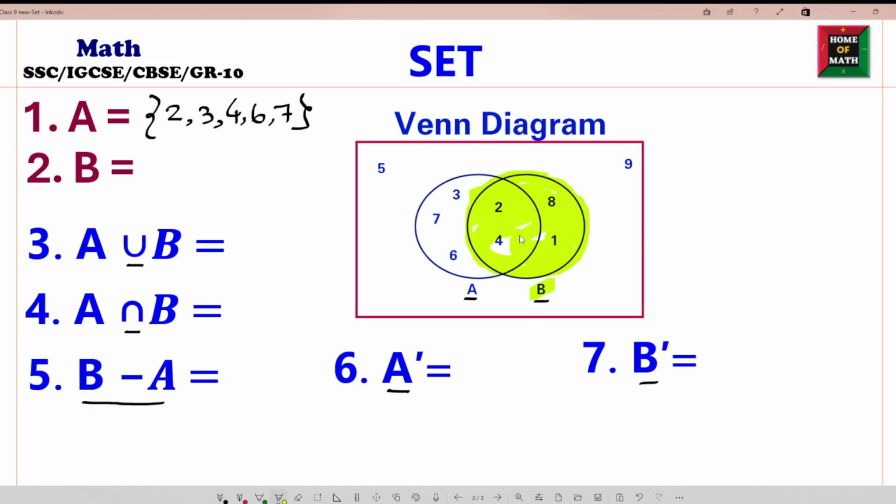So the numbers are 1, 2, 4, 8. So we can write here 1, 2, 4, 8. Okay, so A and B we already get from these two circles.